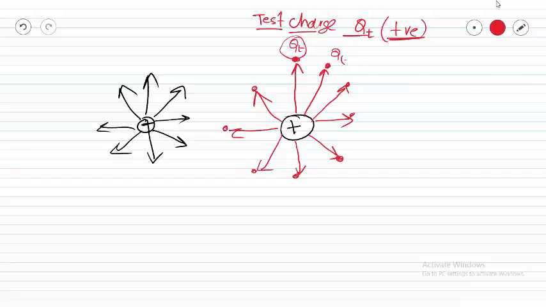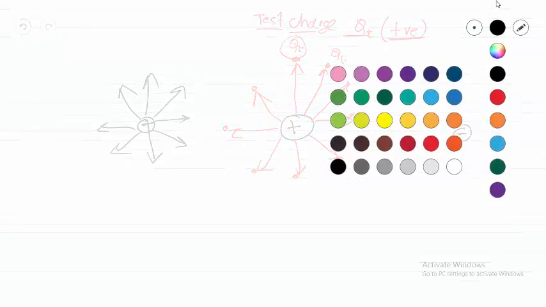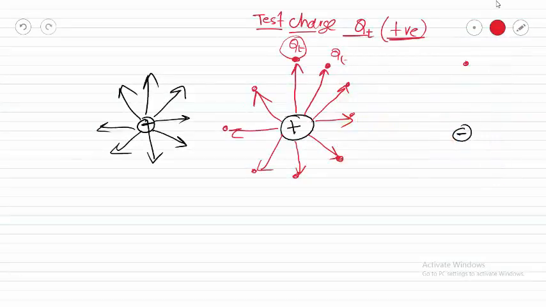Now let us consider a negative charge. As we said, the test charge will always be positive. So when you place the test charge at this point, because the test charge is positive and the existing charge is negative, there will be a force of attraction.